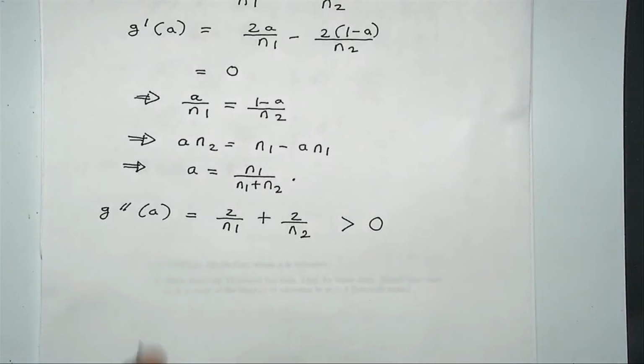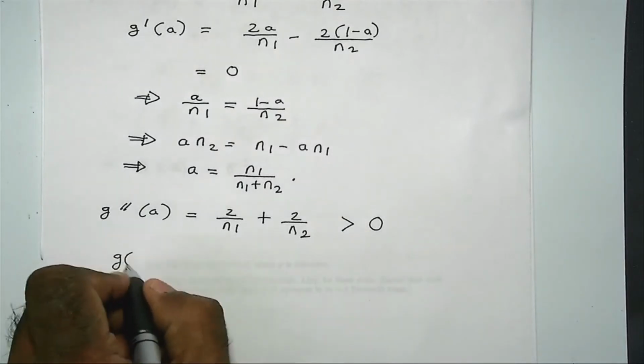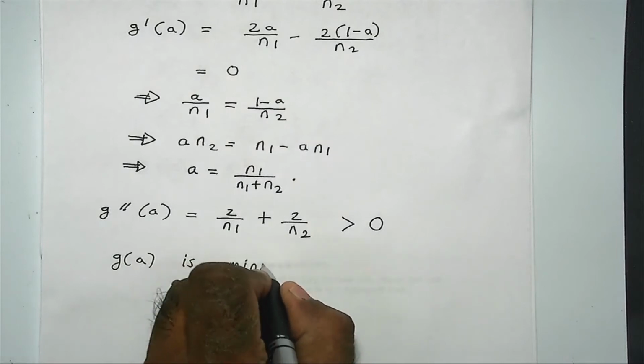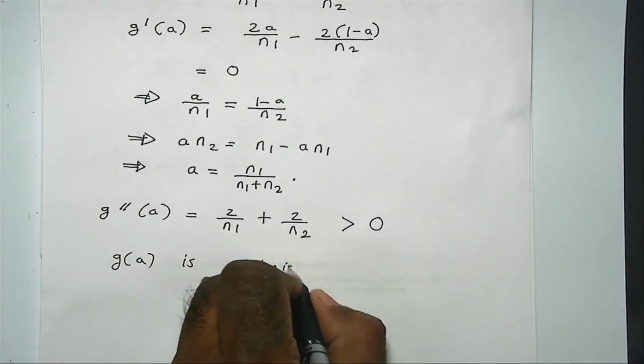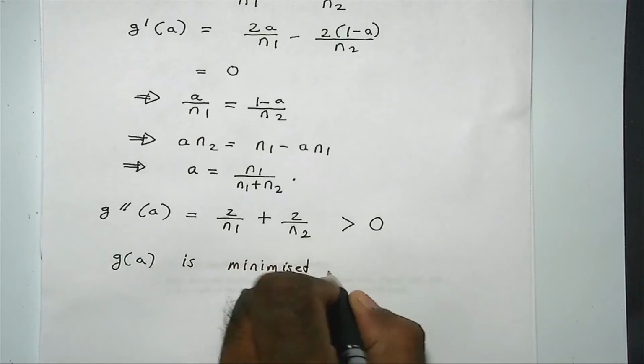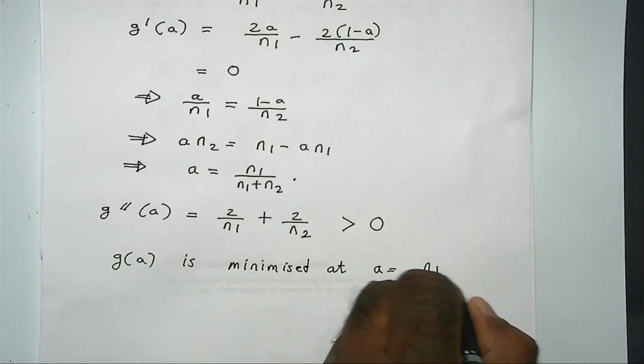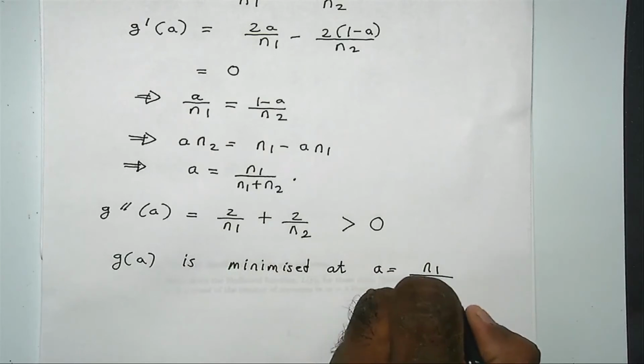So since the second order derivative is positive, g of a is minimized at a equal to n1 divided by n1 plus n2.